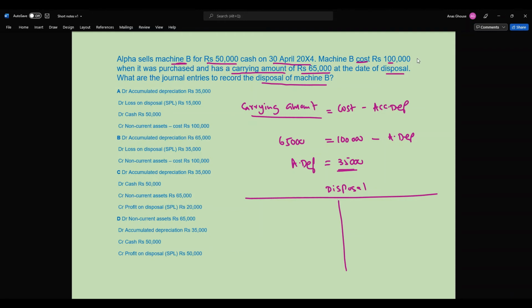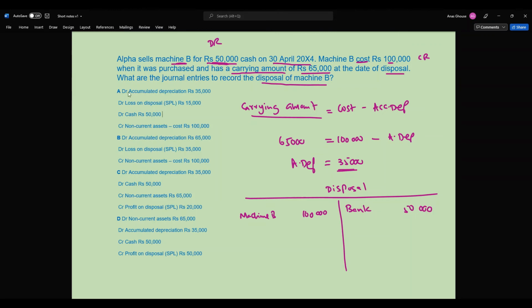So the asset account will be credited and the disposal account debited by 100,000. Then since it was sold for 50,000, you will receive cash, so cash will be debited and the disposal account credited, bank or cash 50,000.